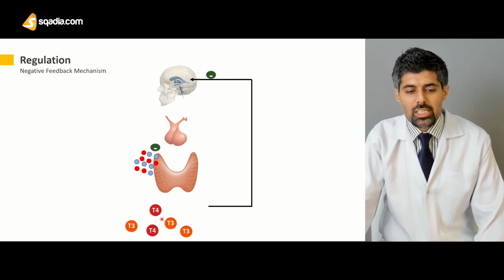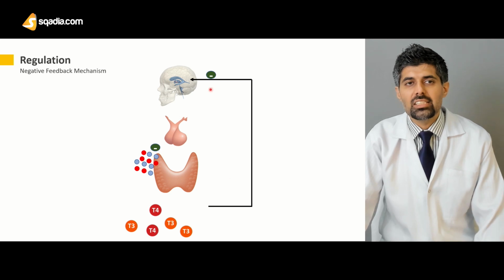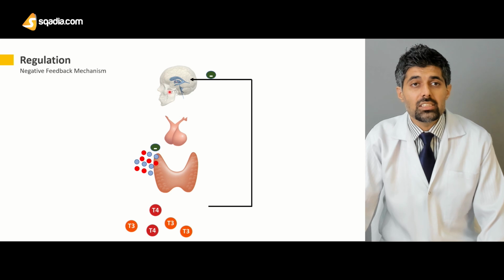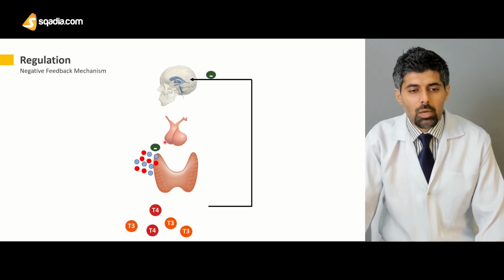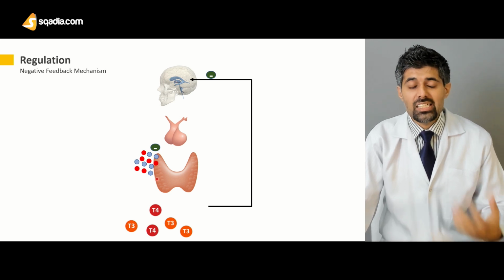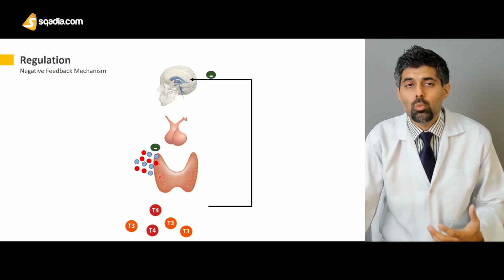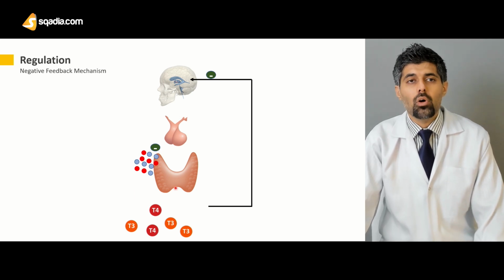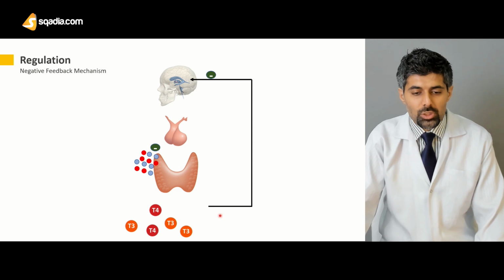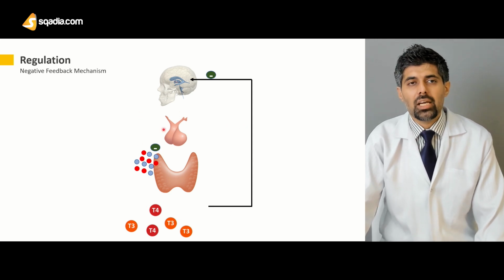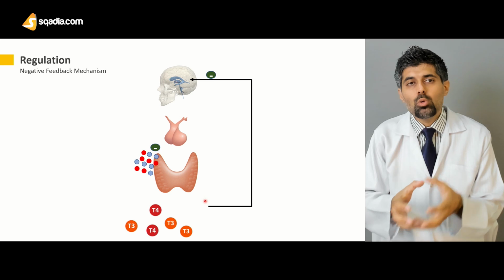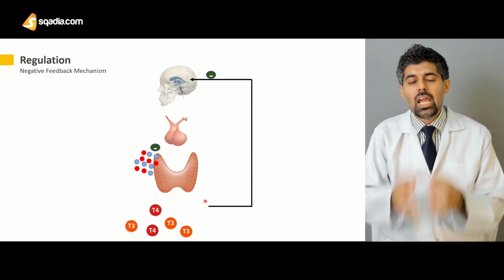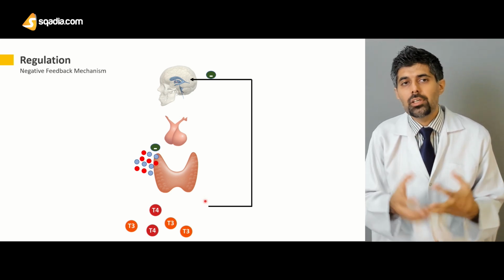So if we have T3 or T4 in excess, the amount of TRH is decreased, and as a result the amount of TSH is decreased, and because the TSH, or thyroid stimulating hormone, has decreased in the blood, less T3 and T4 are released. So through this negative feedback mechanism, the amount of circulating T3 and T4 is regulated in the blood.